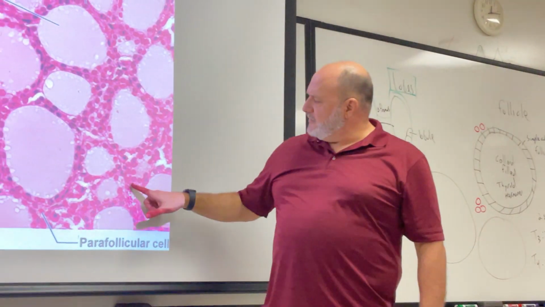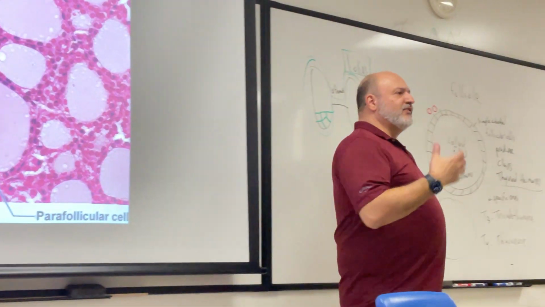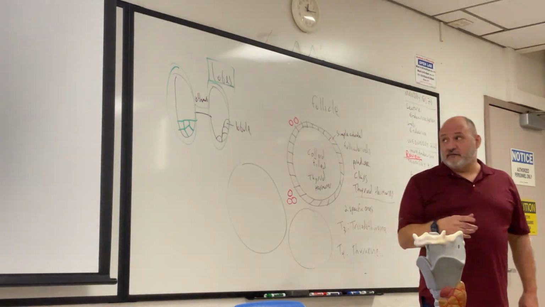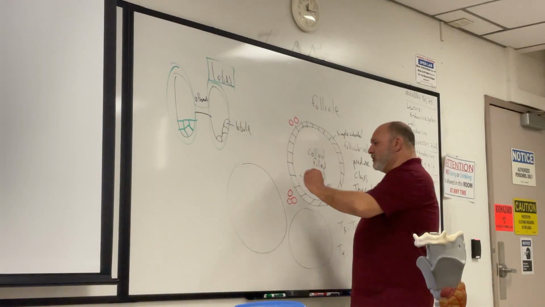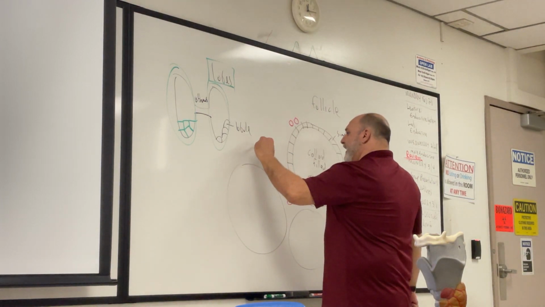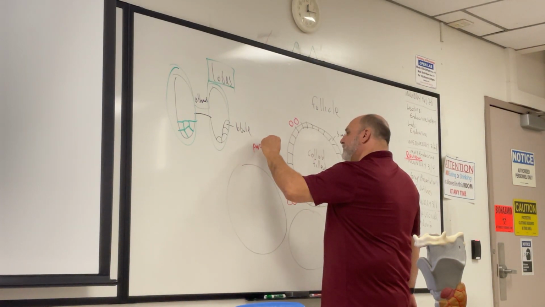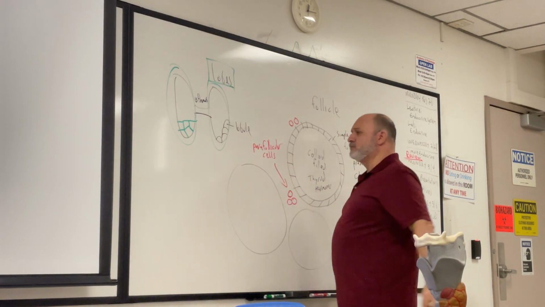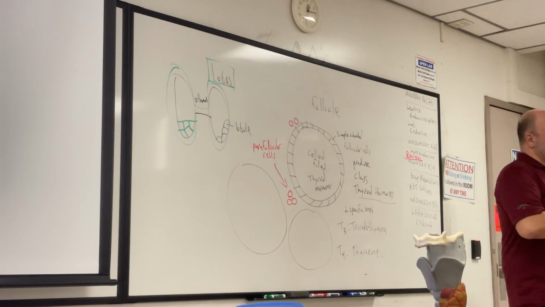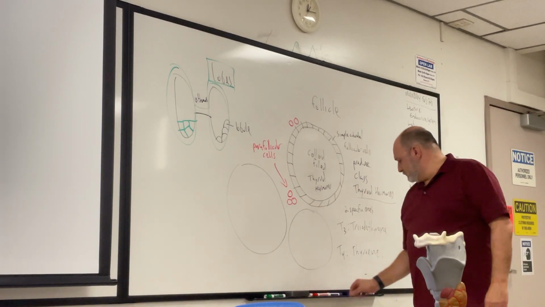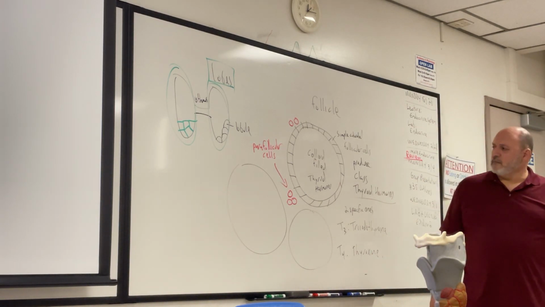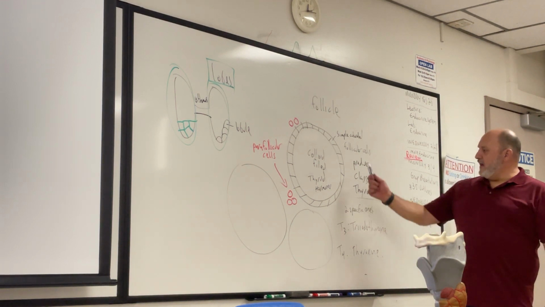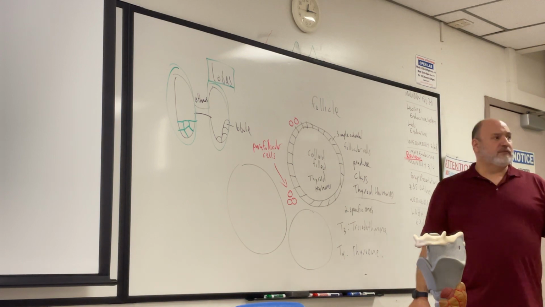These cells alongside of the follicles are what are known as parafollicular cells. These parafollicular cells are not part of the follicle and don't make thyroid hormones.